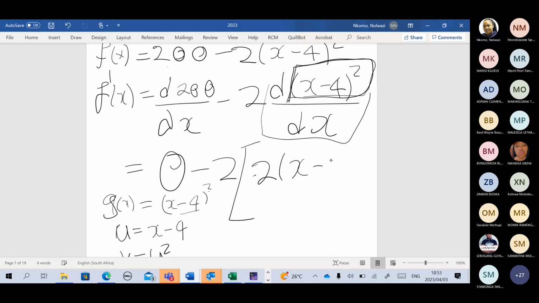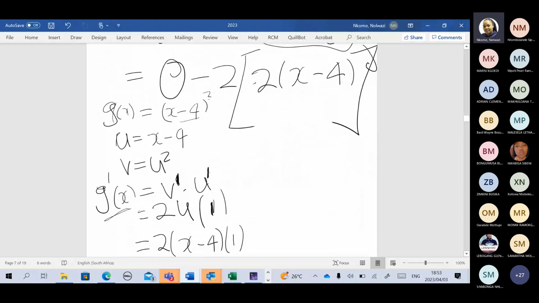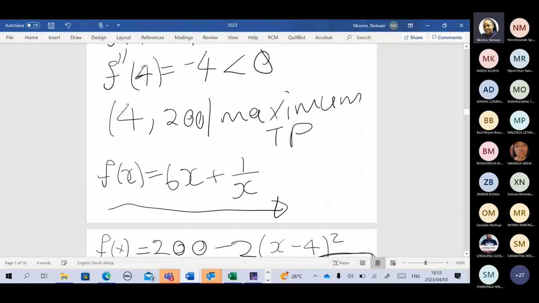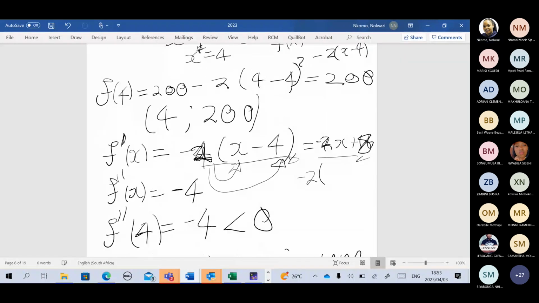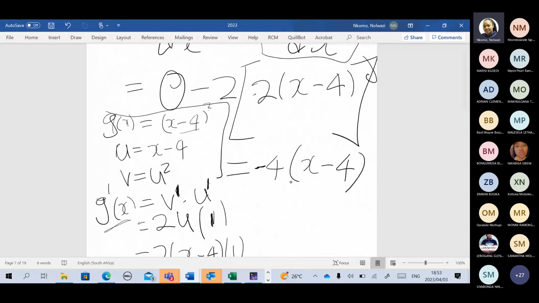And then I multiply everything by minus 2. Minus 2 times 2 is minus 4 into x minus 4. So that means I didn't make a mistake up here. It was fine. So you have minus 4 into x minus 4. Is it fine now? Or you still have a question? No, it's fine. Thank you.